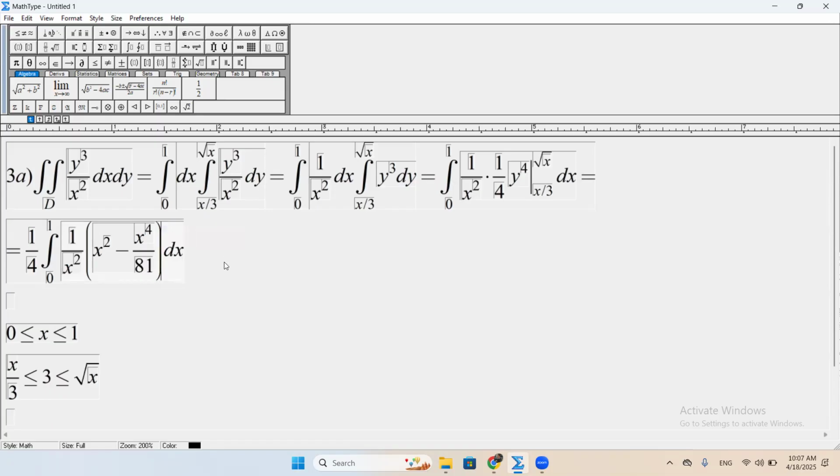So we are done with it, and only x remains. And now let's simplify this integral a little bit. Let's cancel 1 over x square, so we'll have 1 here and x square here. And now let's integrate.